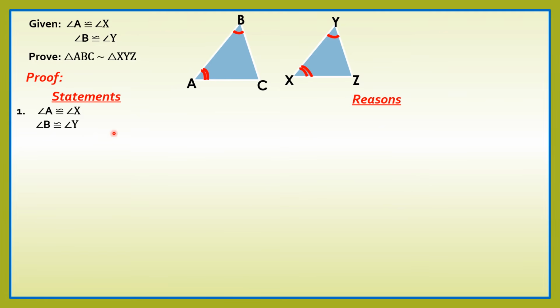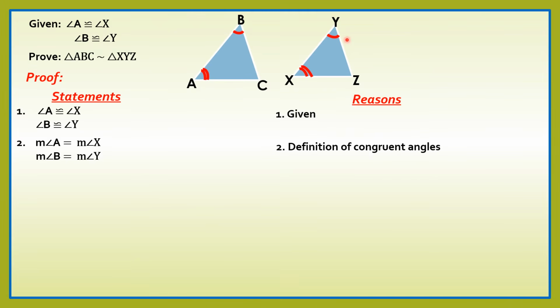For number 1, angle A is congruent to angle X. Angle B is congruent to angle Y. Reason, given. Number 2, measure of angle A is equal to the measure of angle X. Measure of angle B is equal to the measure of angle Y. Reason, definition of congruent angles.